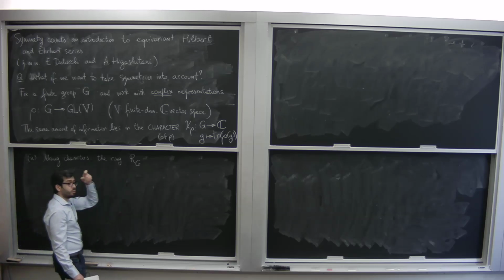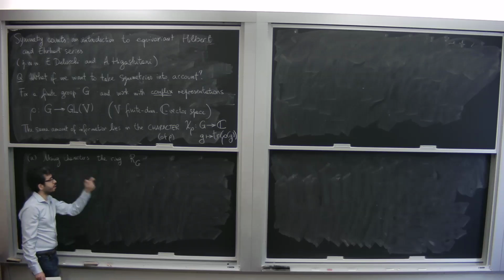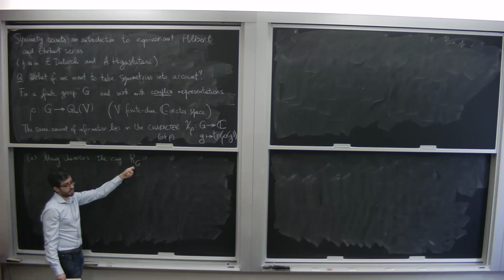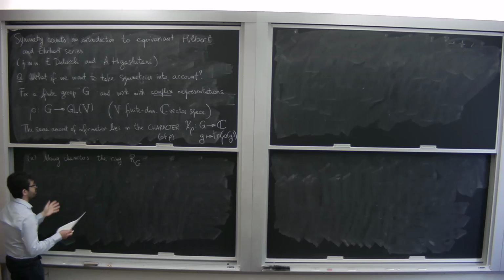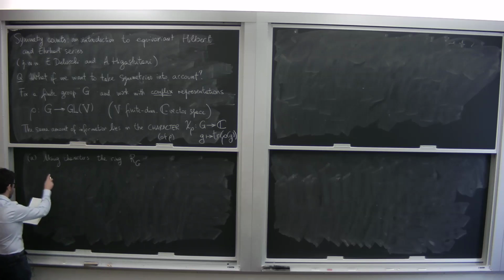For people who are more category oriented, this is isomorphic to the Grothendieck ring of representations of the group G. For people who haven't heard of that, let's just define it.